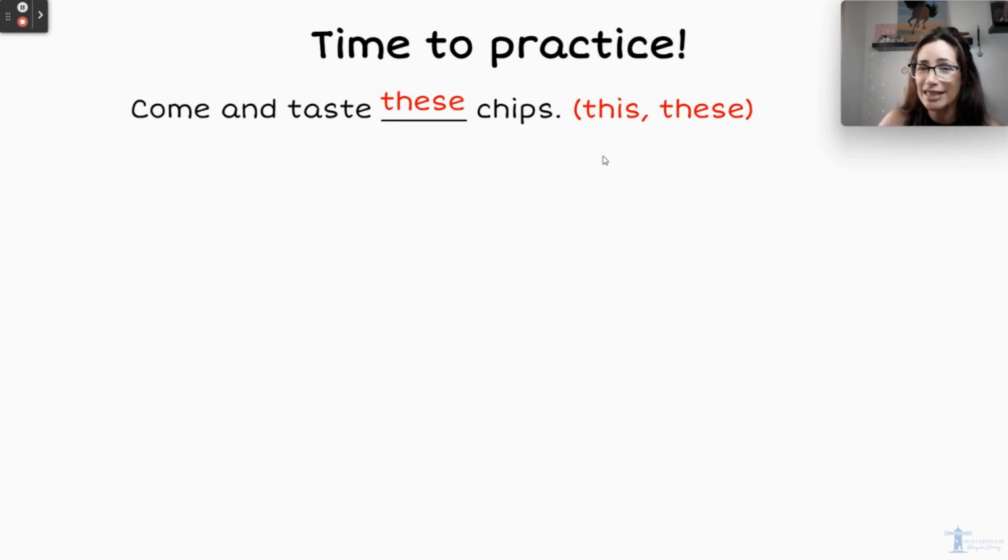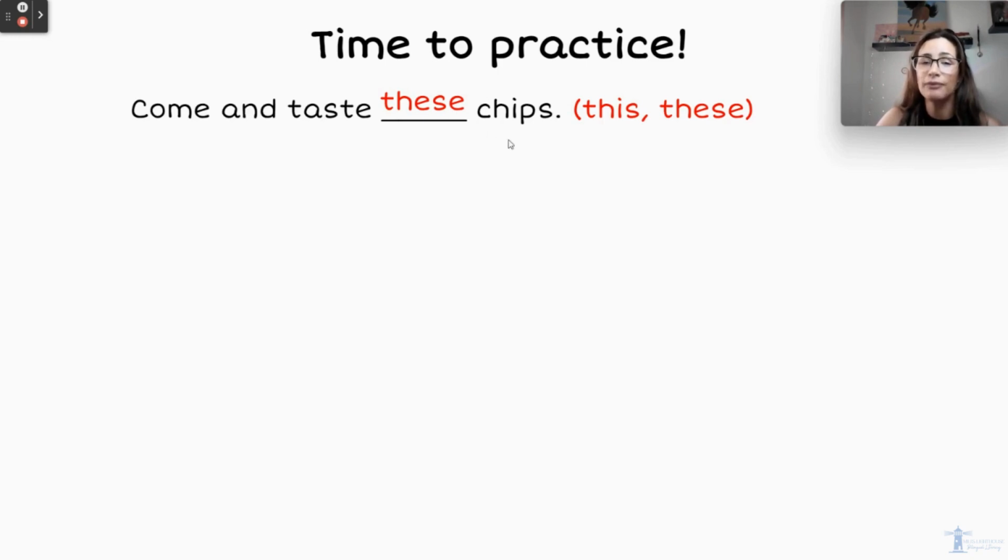You're going to have a sentence, and then you're going to have two of the words that we've learned in red, in parentheses. These are parentheses. You're going to have those two words, and you need to pick the correct one. How can you do this in an easy way?